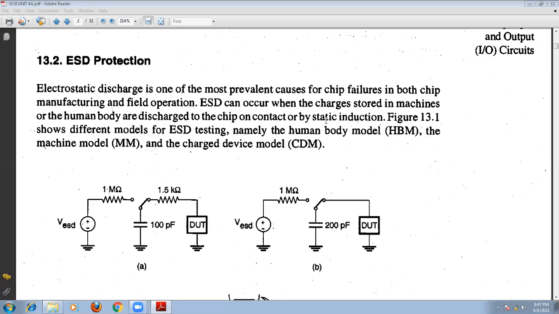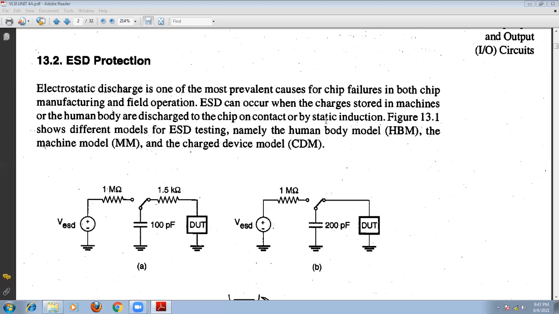So how much voltage does the human body generate? Remember, when people walk, they generate some amount of electricity, and that electricity discharges to the ground.